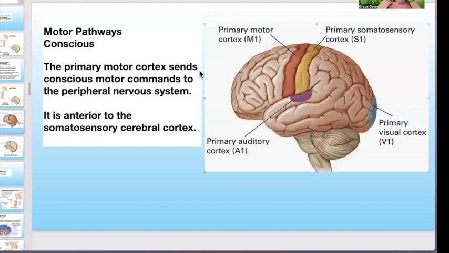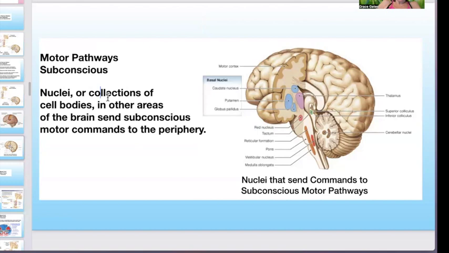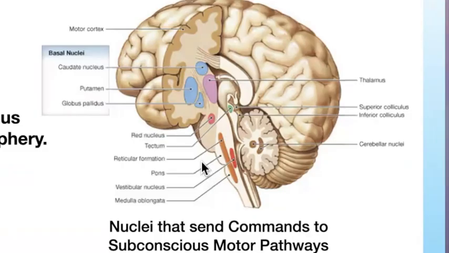And that's all that we're going to learn about the brain for now, but we'll learn a lot more about it in the brain lecture. Nuclei, or collections of cell bodies in the central nervous system, in other areas of the brain, send subconscious motor commands to the periphery. And over here, we have a picture of a brain where they're showing the nuclei, or collections of cell bodies, that send commands to subconscious motor pathways.